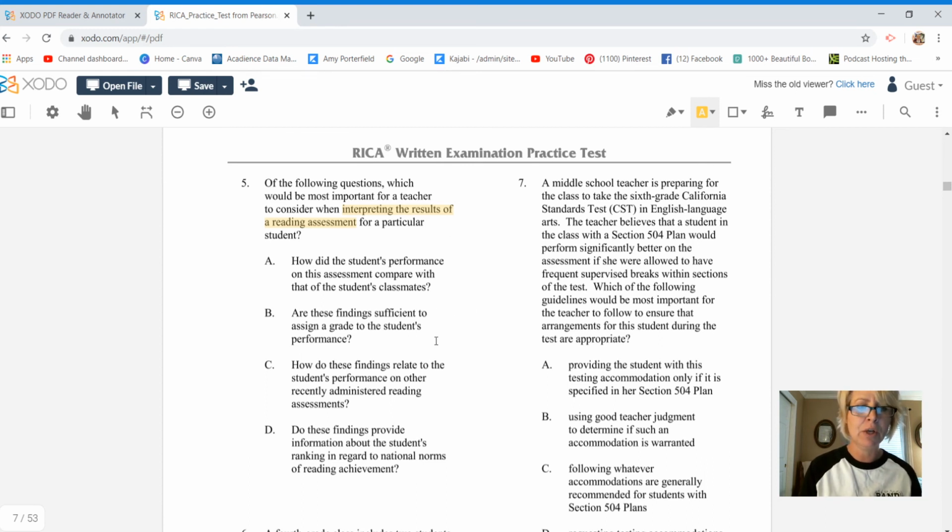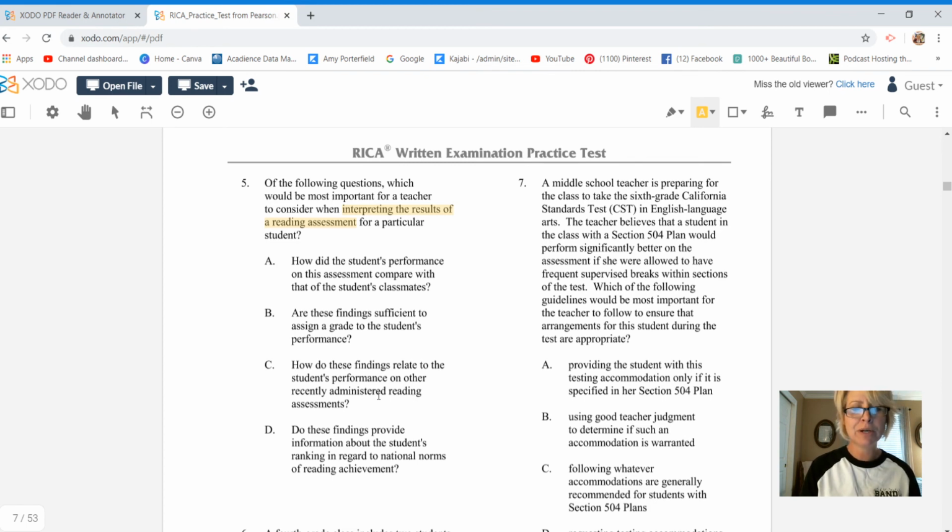Let's keep going. B, are these findings sufficient to assign a grade to the student's performance? Well, if we're talking about a skills assessment, which means we just want to know where they're at, grades aren't important to assign to that. We wouldn't be doing that. So I'm leaning toward a no. C, how did these findings relate to the student's performance on other recently administered reading assessments?